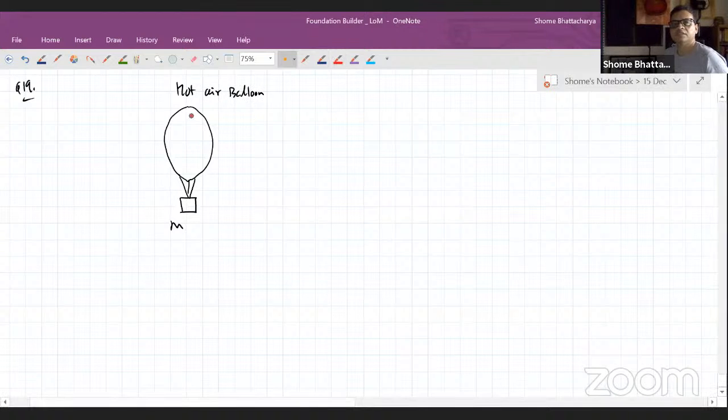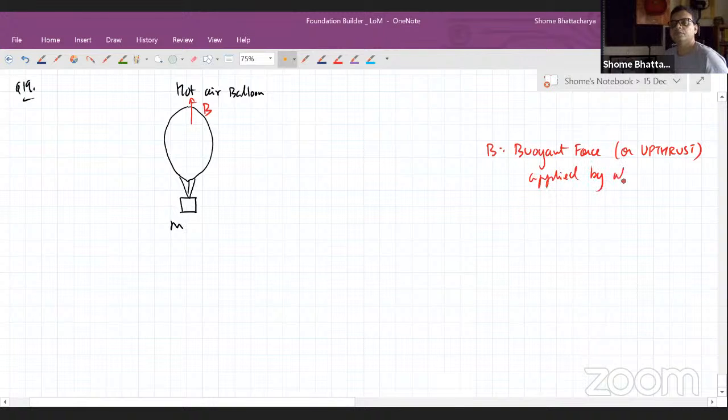Now the question says that the buoyant force or upthrust acting on the balloon remains constant. B is the buoyant force, or you can also think of it like upthrust applied by the atmosphere on the balloon, upwards, and this is a constant force.